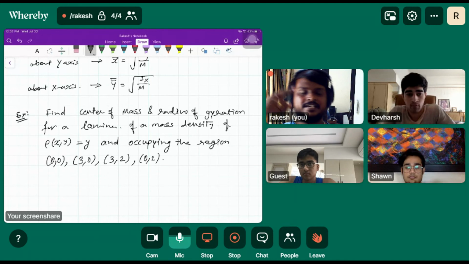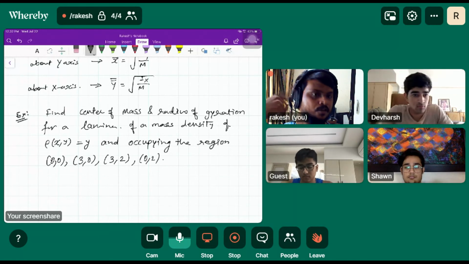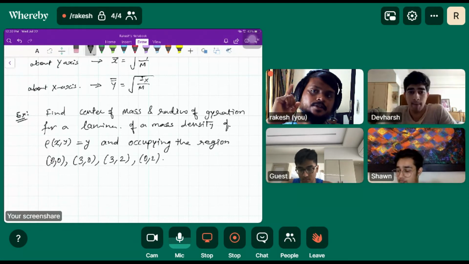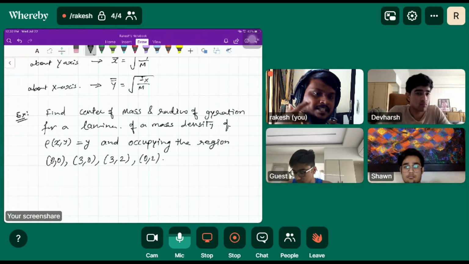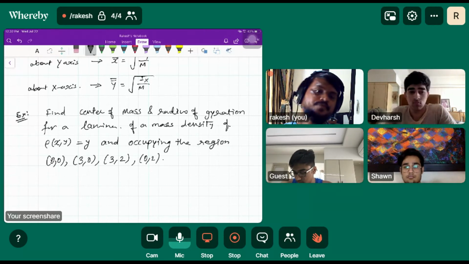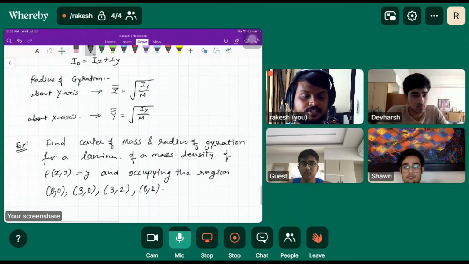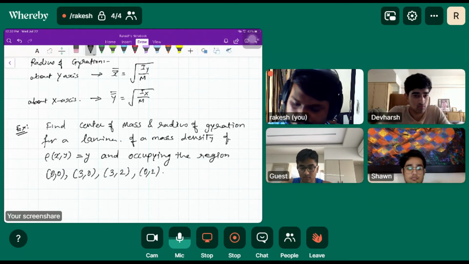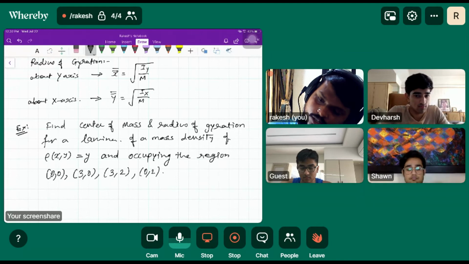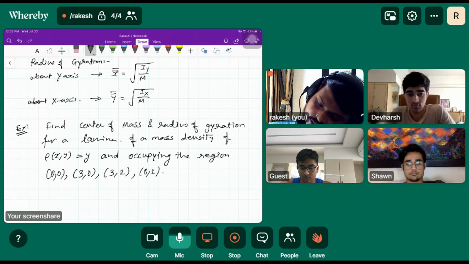Moment of mass about x-axis and moment of mass about y-axis, with mass, will give you the center of mass, and moment of inertia about x-axis and moment of inertia about y-axis, with mass, will give you the radius of gyration. Okay. So please do that as homework. Probably we'll discuss this in the next class.